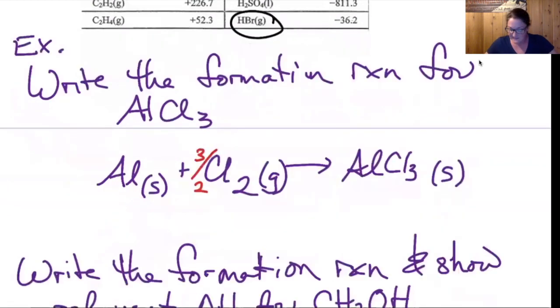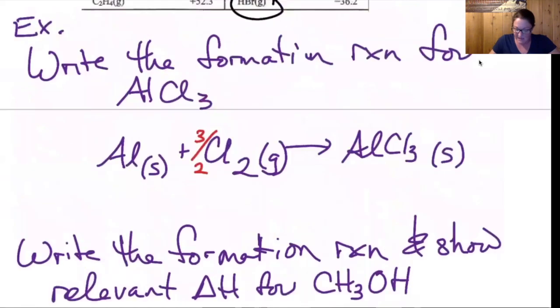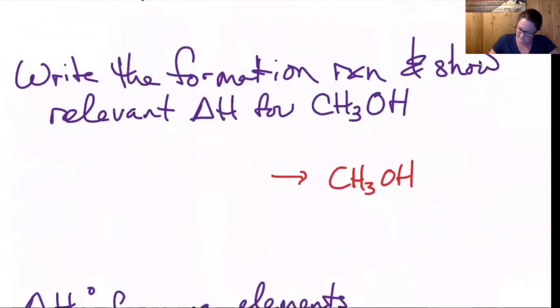All right, one last example. We're going to write the formation reaction, and show the relevant delta H value, for methanol, CH3OH. So we're going to form CH3OH. Methanol at room temperature is a liquid, so I'm going to indicate an L there.